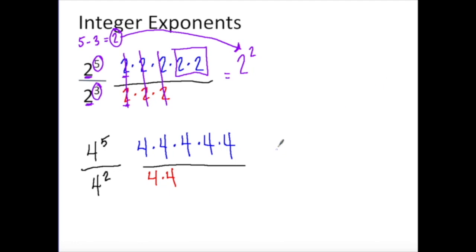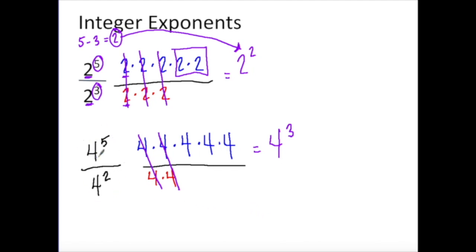So if I'm looking at this the same way, I should be able to say that 4 divided by 4 is 1. So that cancels out. I have another 4 divided by 4, and that's 1. So this cancels out. What I'm left with now is 4 to the 3rd power. So I'm going to say that the answer to this one is 4 to the 3rd power.